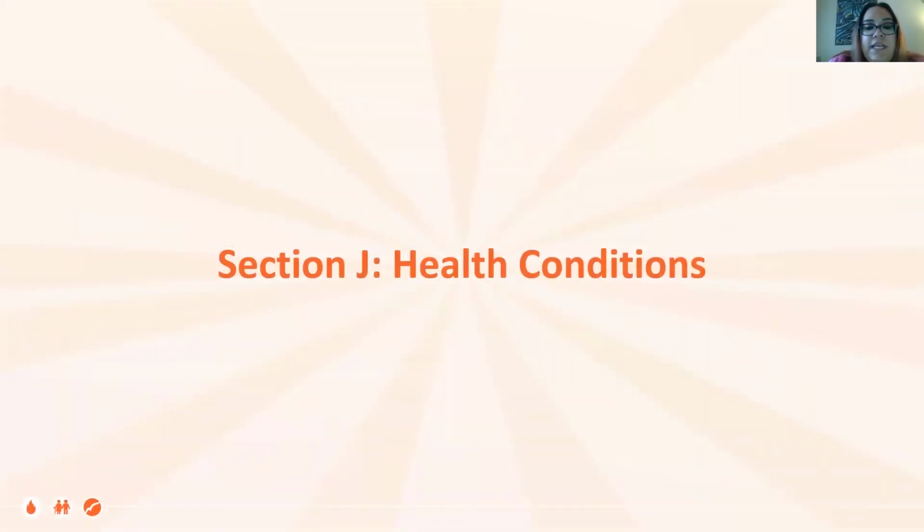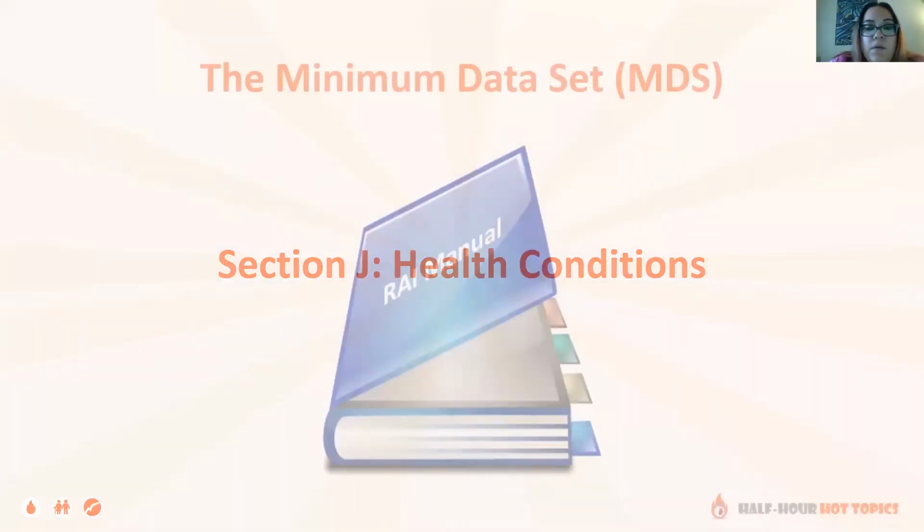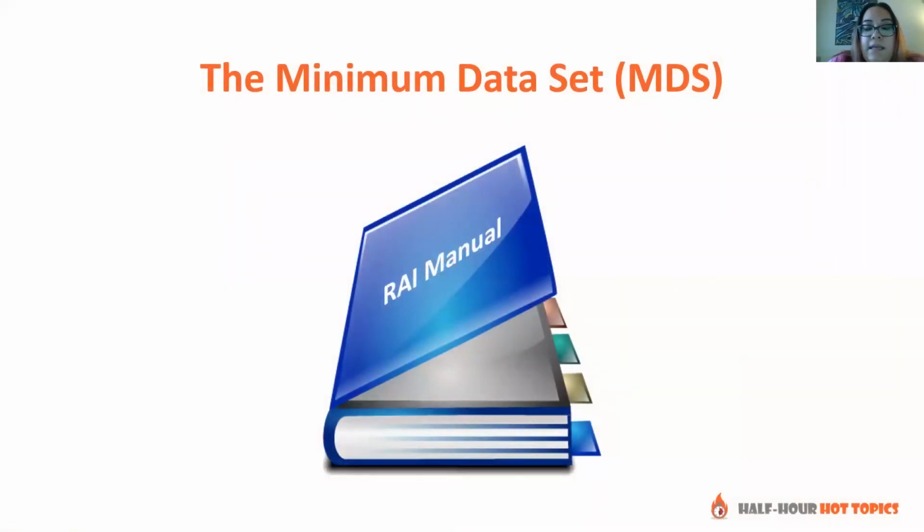So Section J is the part of the MDS that is utilized to code the pain interview. And the MDS is utilized when calculating the quality measure. The MDS utilizes data from assessments, which are routinely collected and submitted to CMS.